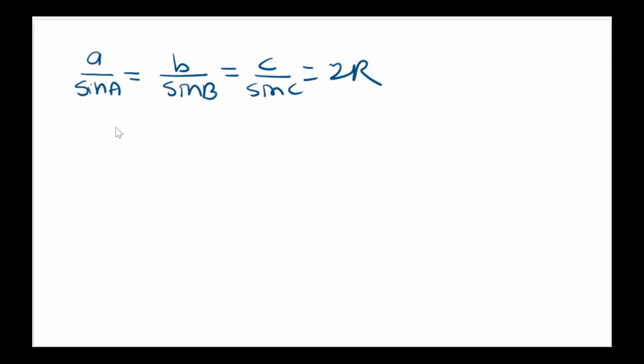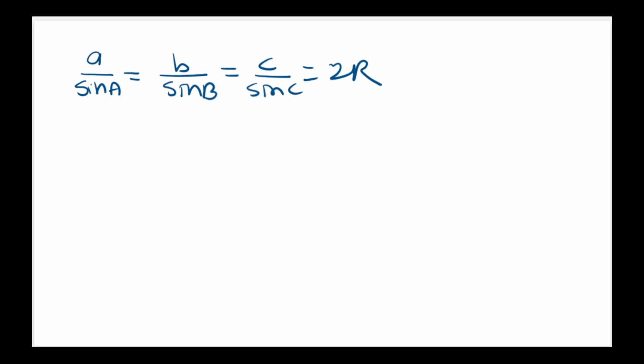In some books it is given as a upon sine A equals b upon sine B equals c upon sine C equals K, or as sine A upon a equals sine B upon b equals sine C upon c equals K. The constant K is confusing, and it doesn't represent any geometrical interpretation.